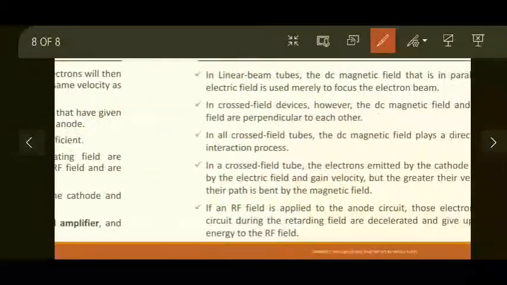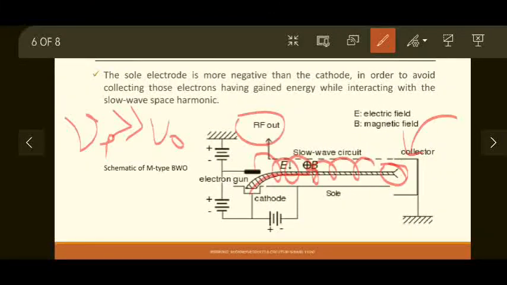Those which have gained the energy will be forced back towards the cathode because of the traveling RF field or traveling wave, that is the microwave input that we have given. So that generates the oscillations.